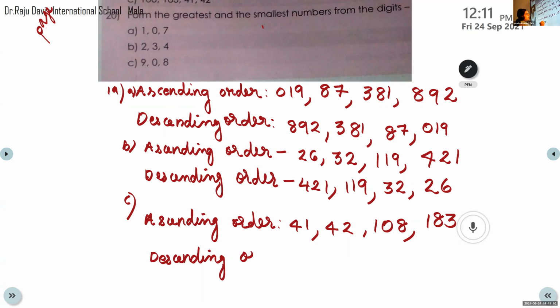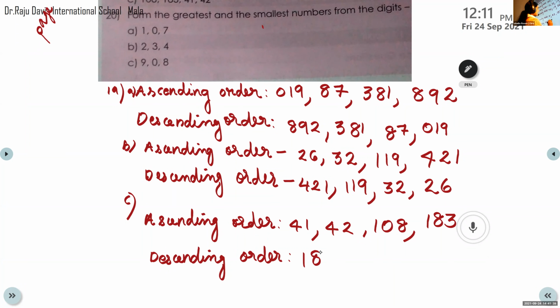If we write in the reverse order, it will be descending order. So please tell me the reverse order, which is the biggest one. Ivania, which is the biggest number among these? 183. Don't say 183.